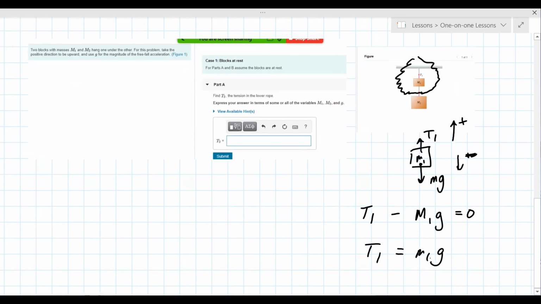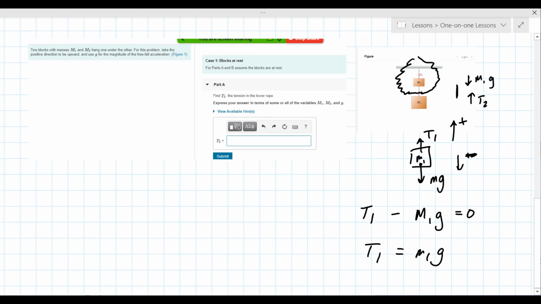Well, T2 is pointing up. T2 is the rope. If pointing down on the rope is M1g and pointing up is T2, those have to be the same. We just learned that in the previous question.